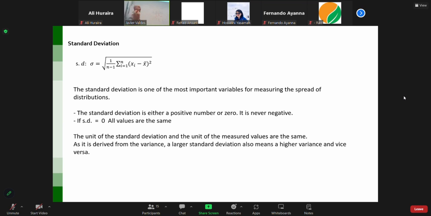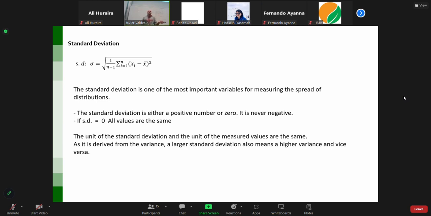Let's say that you tell me, Javier, in the course of Introduction to Artificial Intelligence, if we measure the age of the students, we have a mean equal to 20 and a variance of 360. And we say, okay, thank you.